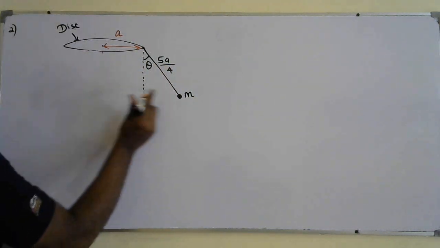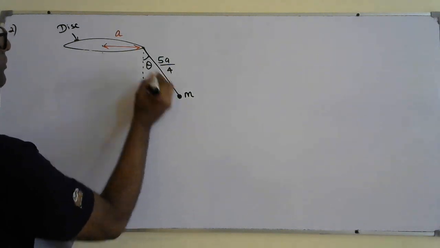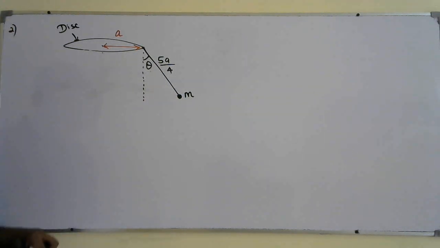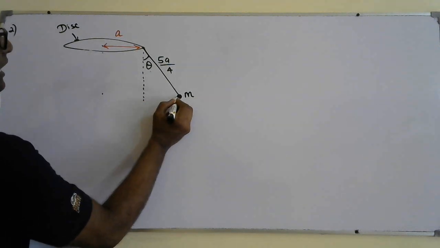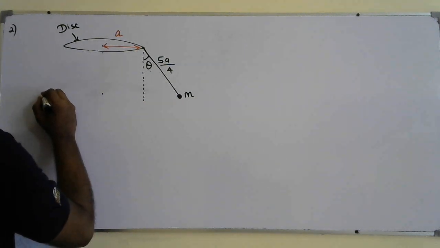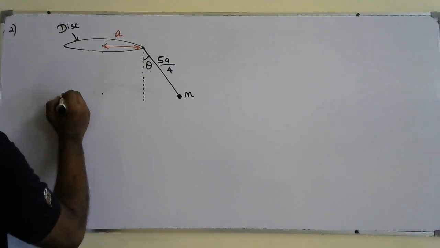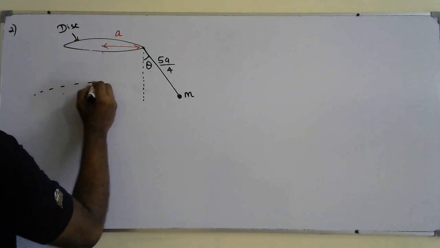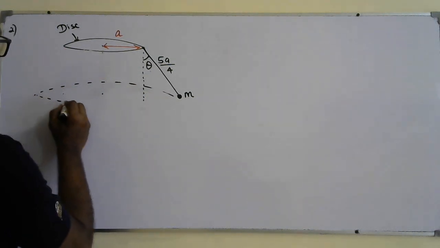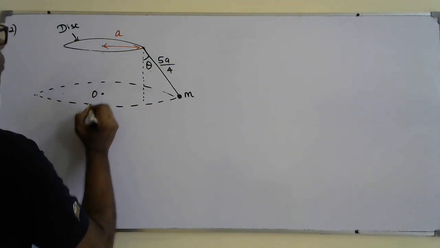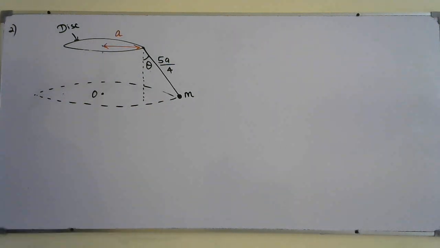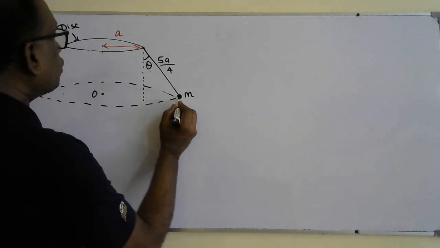Forget about the upper part. So this is going to move on a circular path with the same angle theta when it rotates at the same angular speed. The center will be somewhere here, so the circular path of the chair will be something like this. The center of the circular path is O, not this point. So what could be the radius?